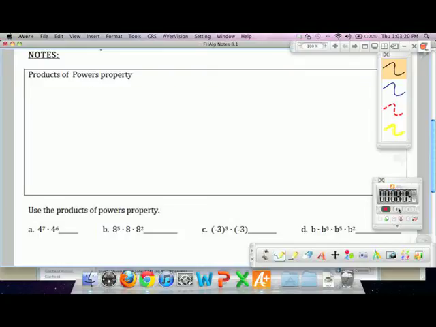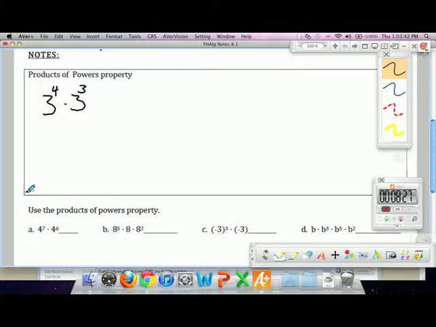We're going to start with a concrete example, and then I'll give you a more symbolic formula. My first example: what if I want to know what 3 to the 4th times 3 to the 3rd is? How can I simplify this more?